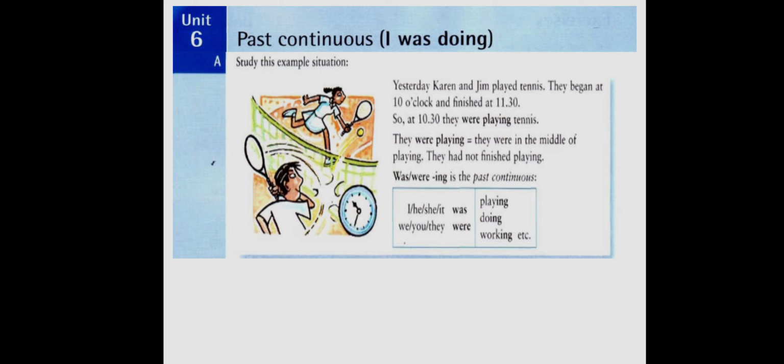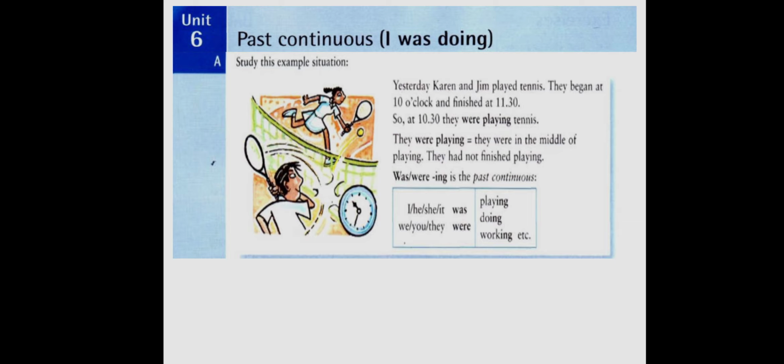At 10:30 yesterday they were in the middle of doing the action, in the middle of playing. So we use past continuous here. They is plural, so we use the helping verb were. They were playing equals they were in the middle of playing. They had not finished playing.